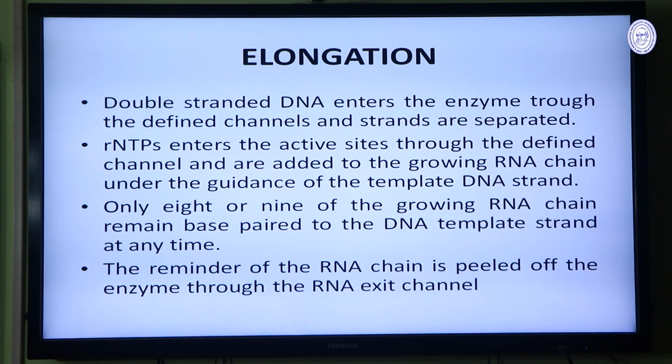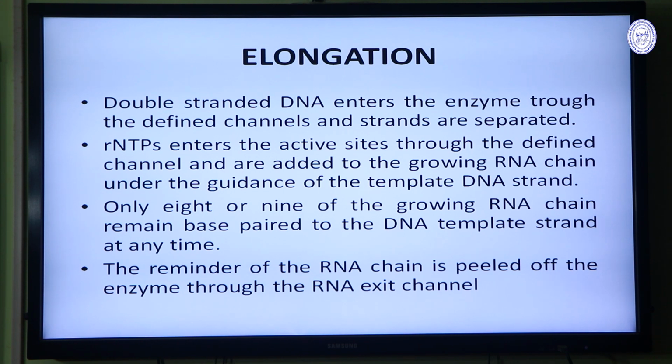So, this is almost all about the initiation of the transcription process. Now, we will come to the elongation phase. During the elongation phase, the double stranded DNA enters the enzyme through defined channels and the strands are separated.